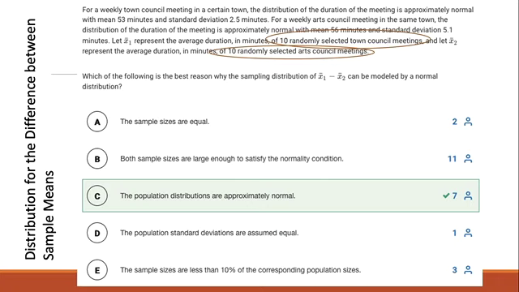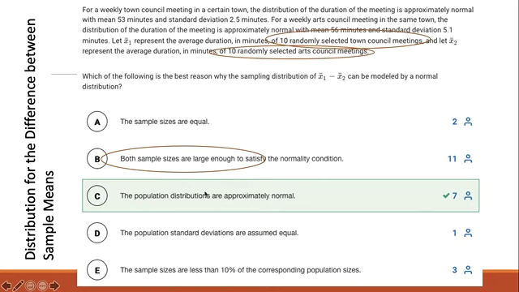And we're interested in why the sampling distribution here, the distribution of the difference between the sample means for the town council and for the arts council meetings, can be modeled with an approximately normal distribution. And the key is up here. The key is up here because the meeting times are approximately normal for both the town council and the arts council. So the bottom line is the correct answer is the population distributions are approximately normal.